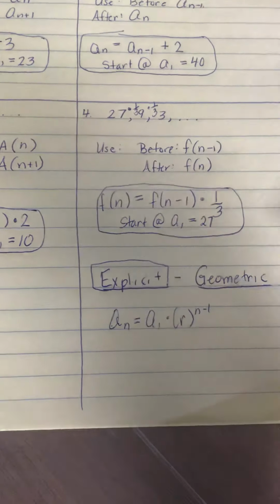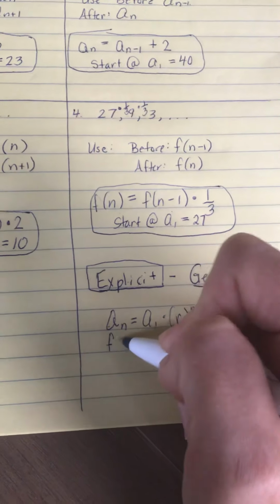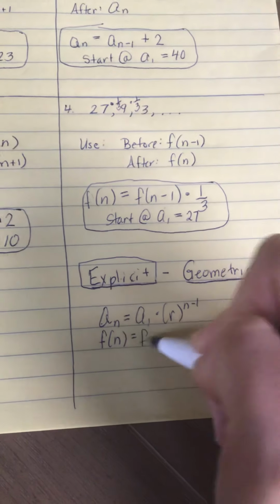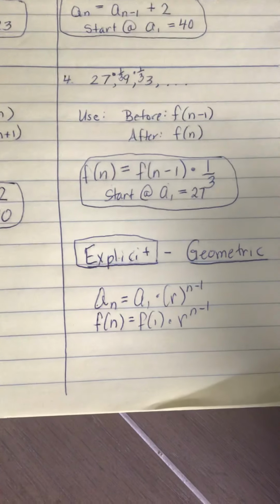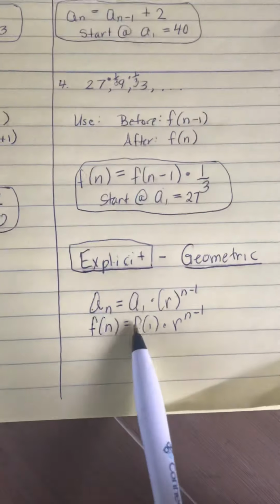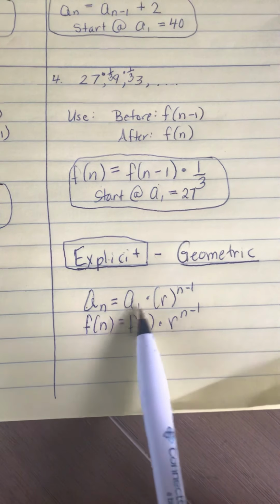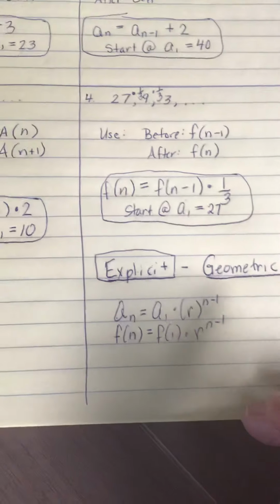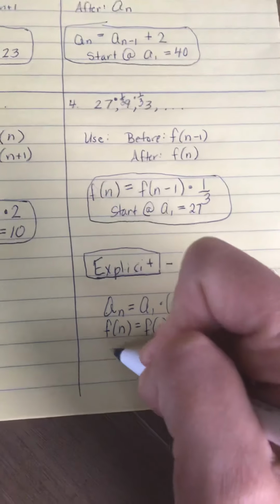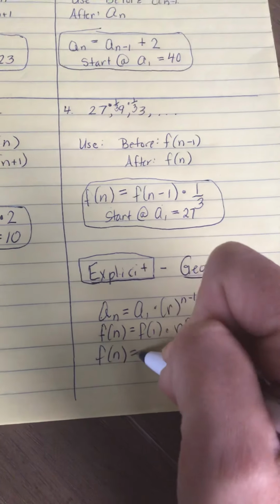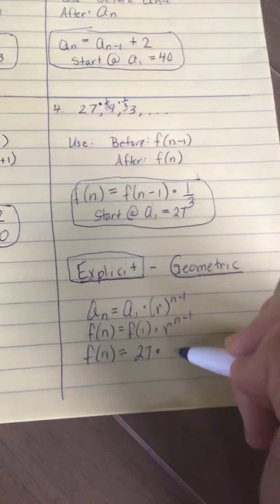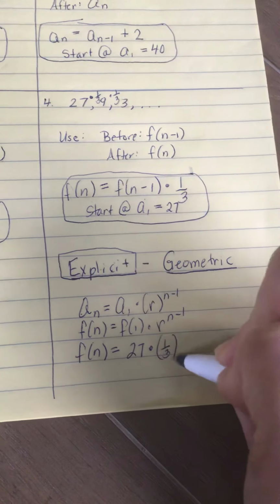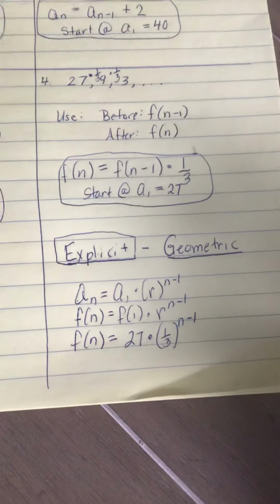If you translate it, this would be f of n equals f of 1 times r to the n minus 1. So that would be f of 1, meaning plug in 1. This is a sub 1, meaning plug in 1. All right, so now let's plug in. So f of n would equal, the first term is 27. Our common ratio is 1/3 because that's what you keep multiplying by, to the n minus 1.